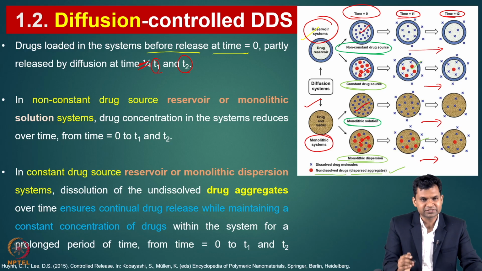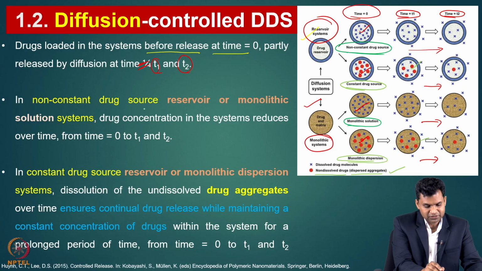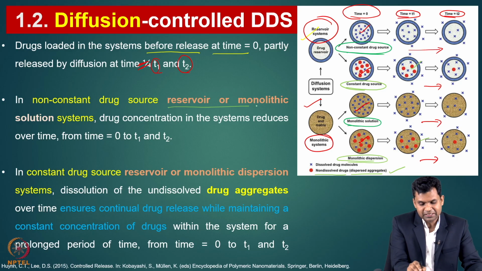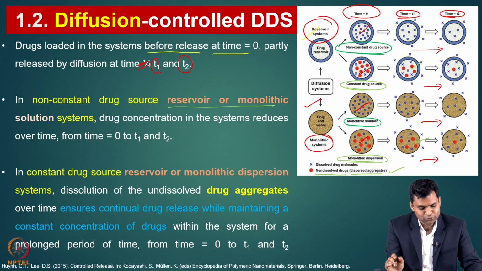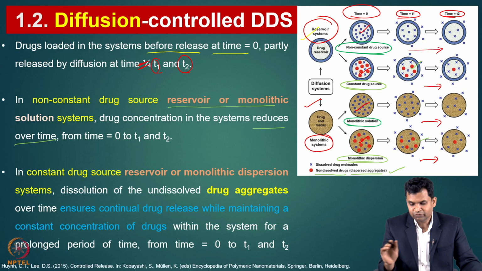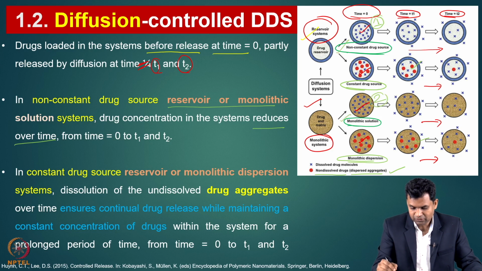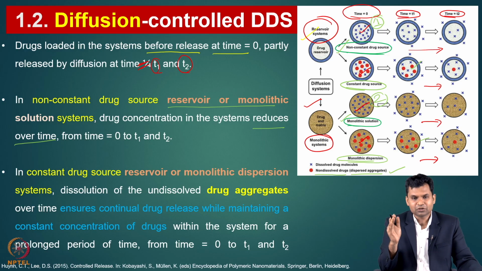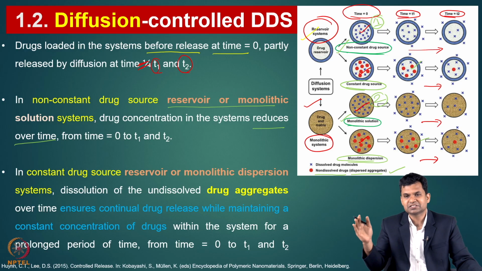Now we can read the text in the non-constant drug source: in reservoir or monolithic solution systems, the drug concentration in the system reduces over time. Now you can see figure 1 and then 2. In both non-constant reservoir and monolithic systems, your drug concentration in the system reduces over time.